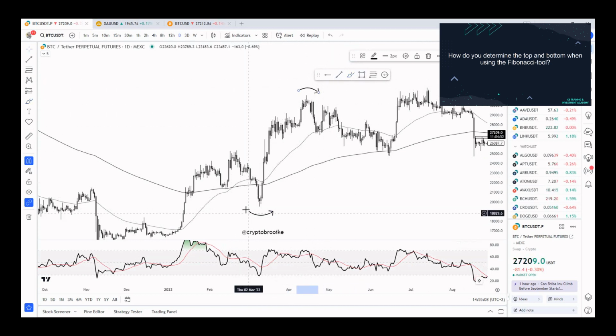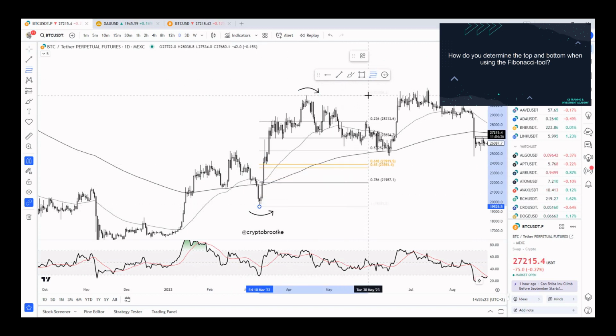As you can see, price bottomed out here and topped out here. For retracement, you use the low before and the high after. So you go from down to up, and for the extension you move from up to down.